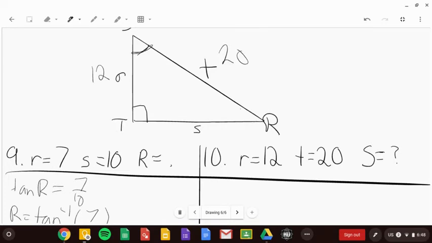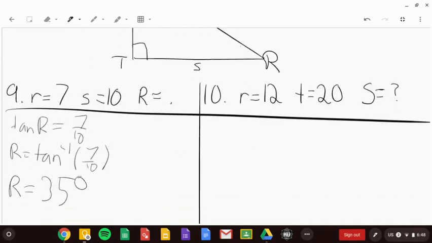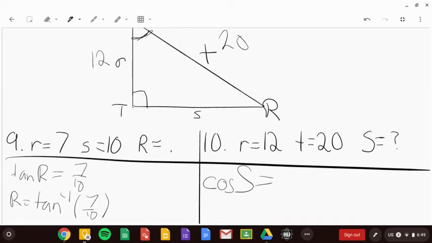So we're probably going to use cosine to find s. So cos s equals 12 over 20, which also equals 3 over 5.